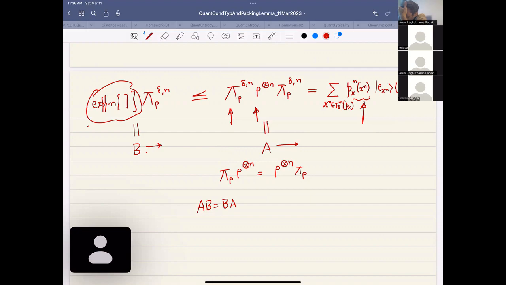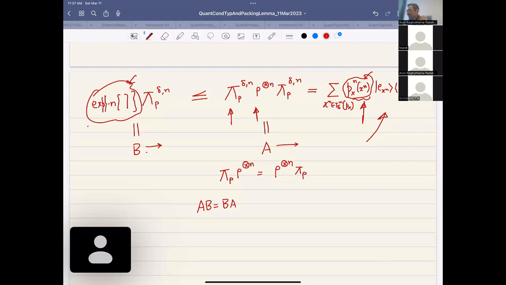Now the eigenvalues also have this property, and because everything commutes, you can see that. So the proof just boils down to the classical case. The probabilities happen to be the eigenvalues for those eigenvectors, and all we are saying is that all of these eigenvalues are dominated by this exponential factor.